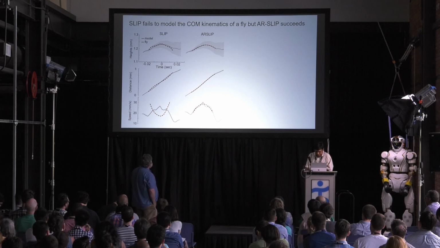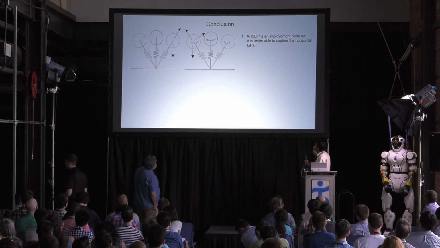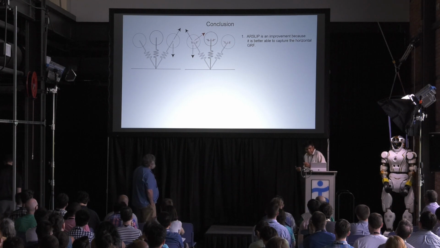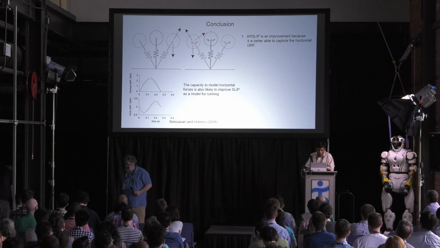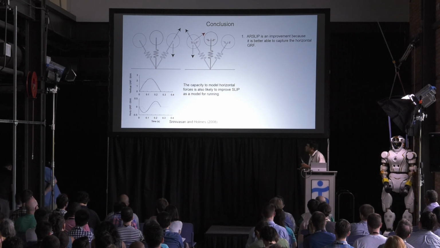All right, since I'm almost out of time, let me summarize with a couple of quick points. So far we have been looking at walking, but it may be possible that even for running, the tangential horizontal force may be relevant. That comes with our model.